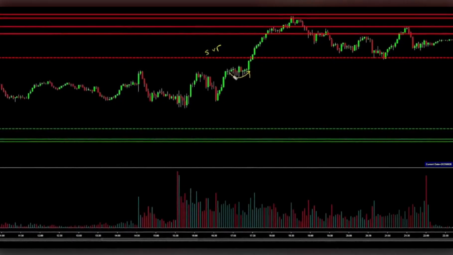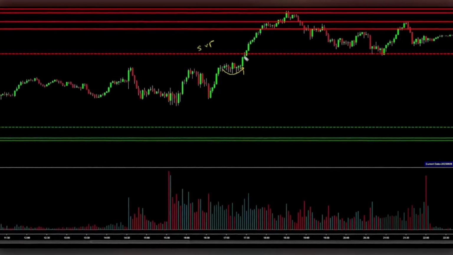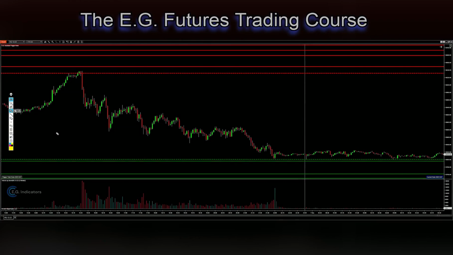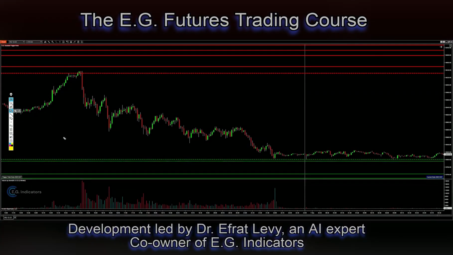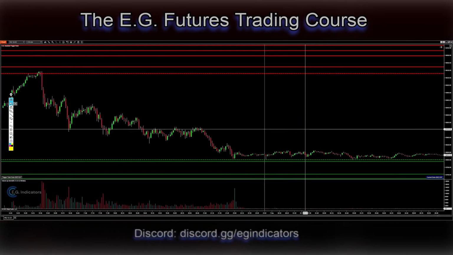But based on everything we see here, there's no reason to believe that we're not going to move up and test this. And so with that, really the trigger point algorithm is finely tuned to give us the highest probability areas for price to react the next day. But there's always a but.